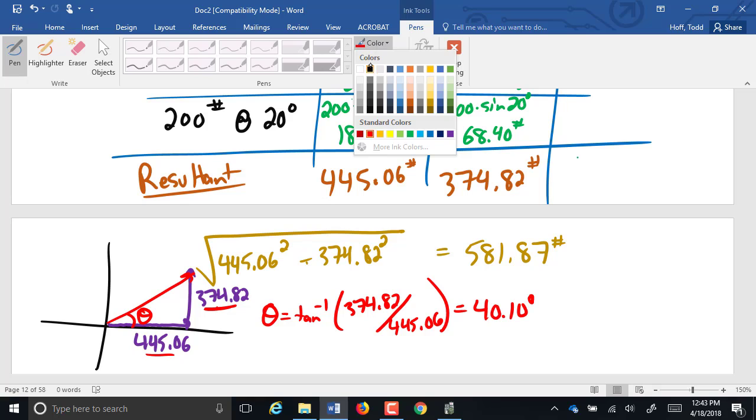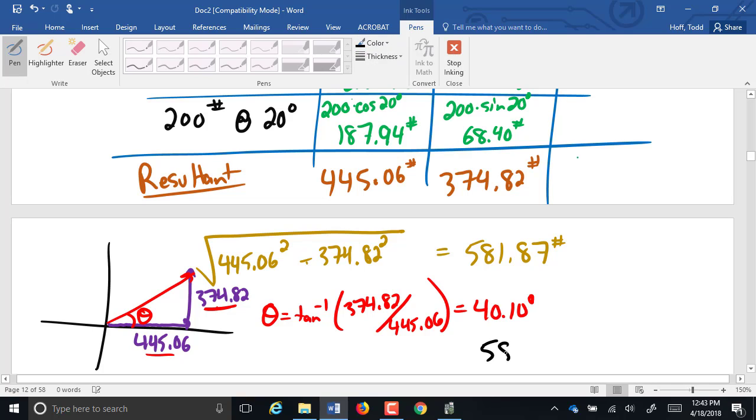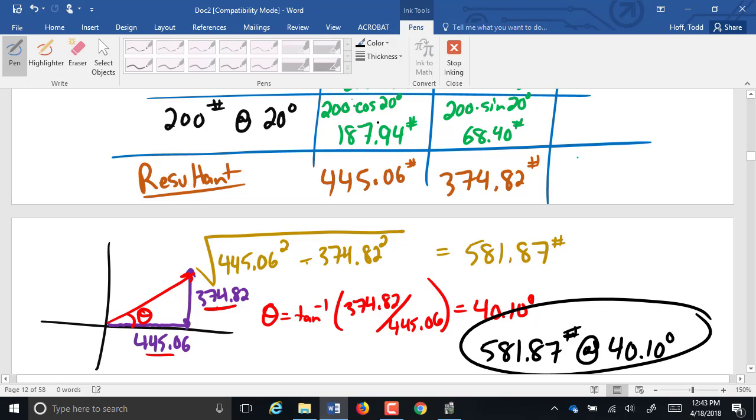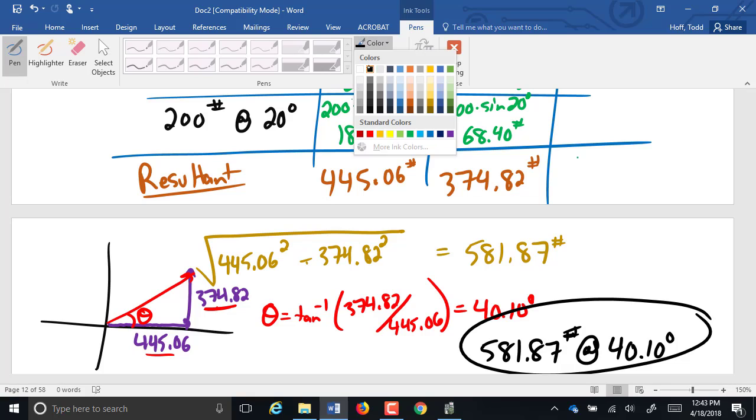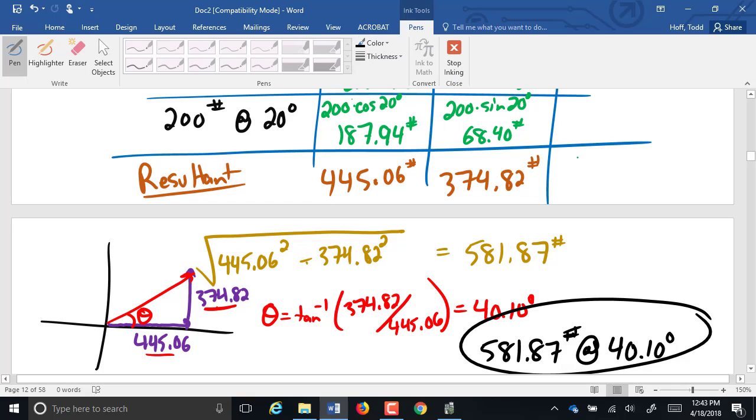So our resultant vector, 581.87 pounds at 40.10 degrees. What do you think? Good stuff?